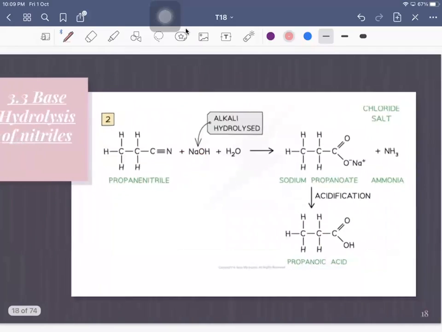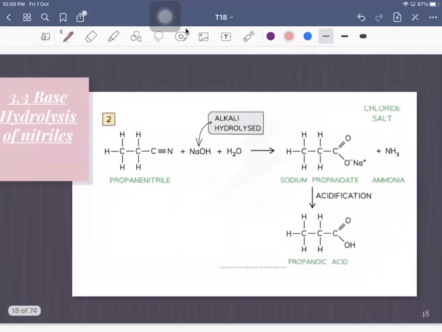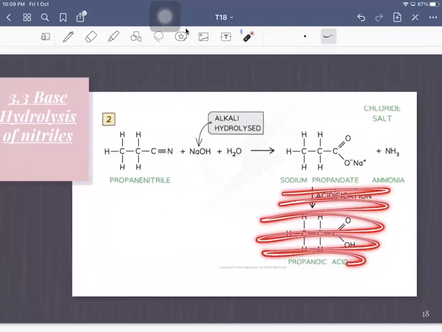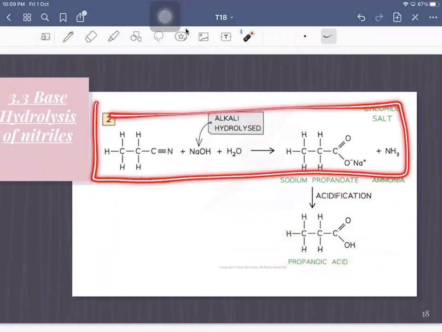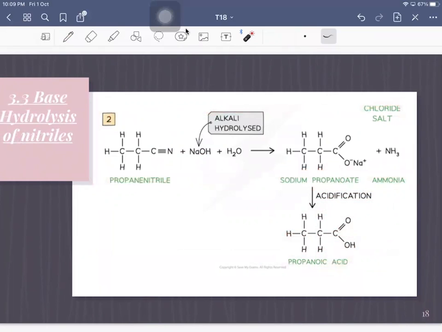So what happens if we just ignore this part first? Okay, so I want you all to ignore that part first and just focus on this top part. Okay, so we have again a propane nitrile, and as I said, during hydrolysis of nitrile, we're only going to change the C triple bond N into a COOH.